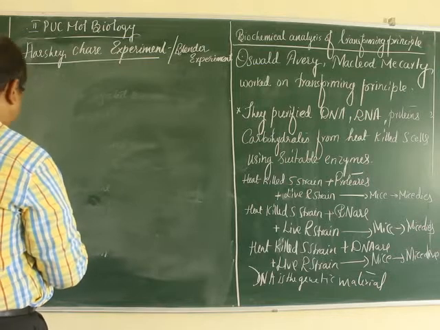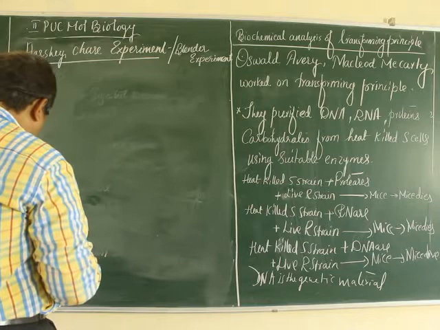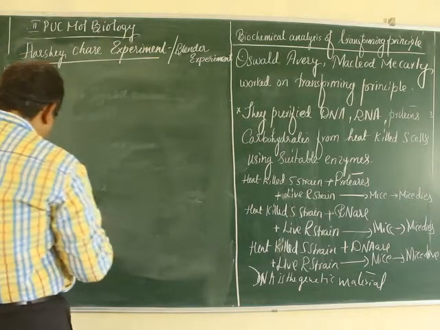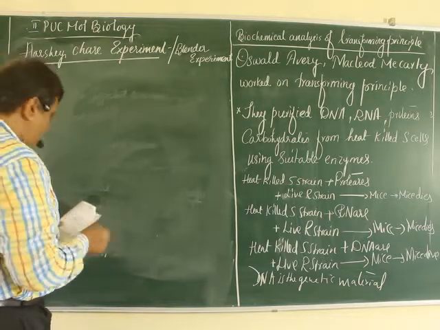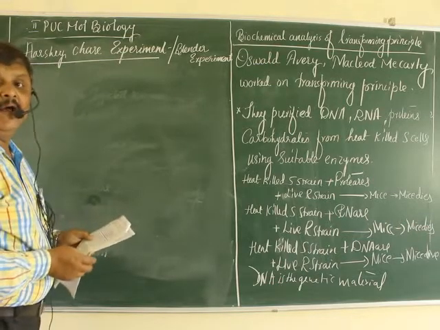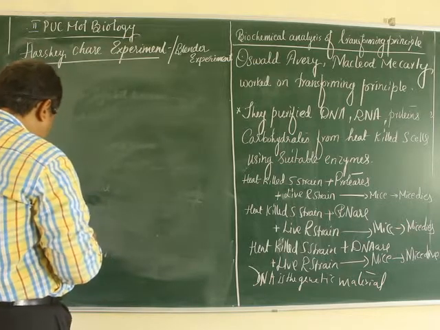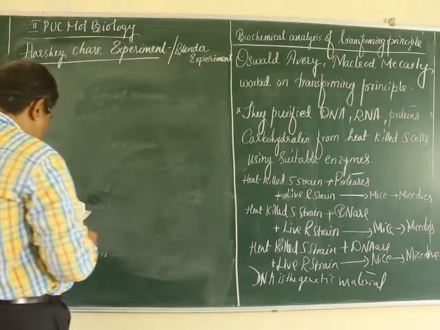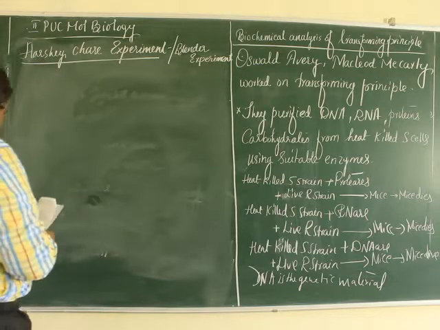What they did, they made two preparations of bacteriophages. In one, proteins were labeled with S35 by putting the medium containing radioactive sulfur. In the second, DNA was labeled with P32 by putting the medium containing radioactive phosphorus P32.